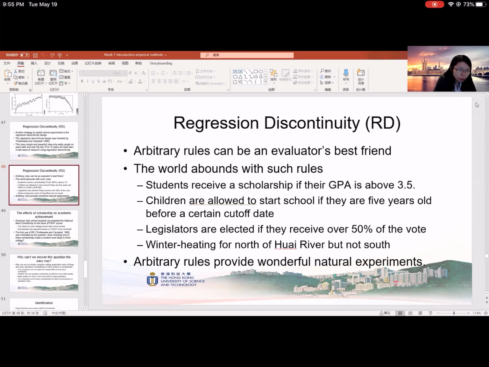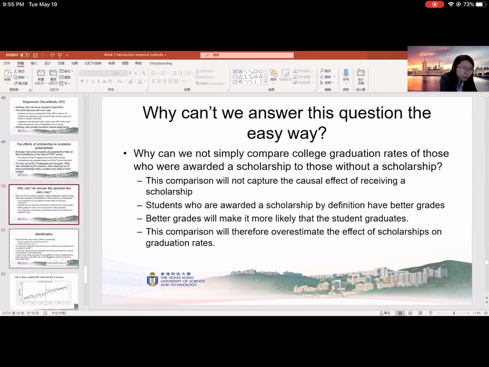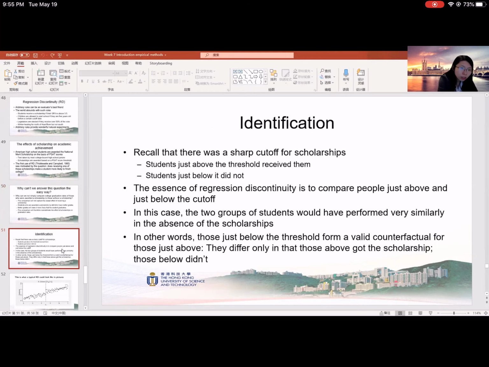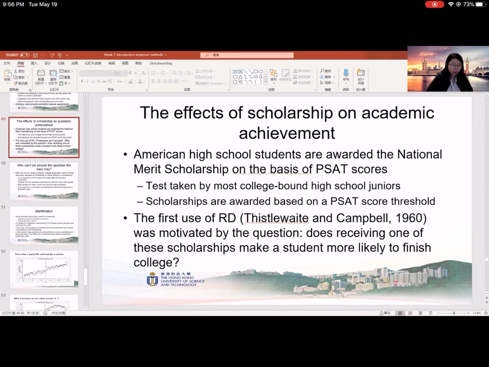Other examples: students receive a scholarship if their GPA is above 3.5. You can look at students whose GPA was 3.5 versus whose GPA was 3.49. These are examples where American high school students are awarded a scholarship on the basis of test scores.